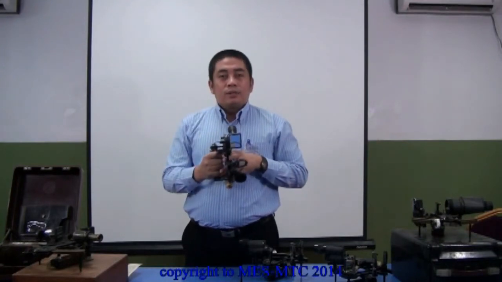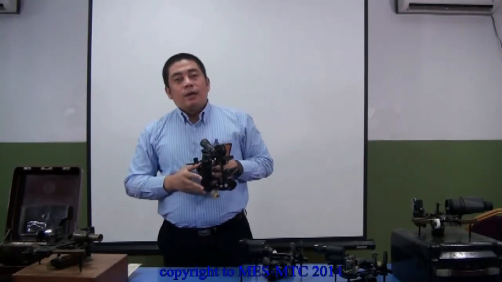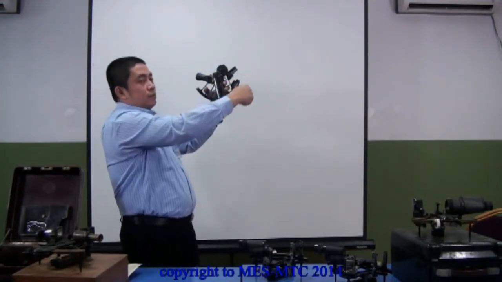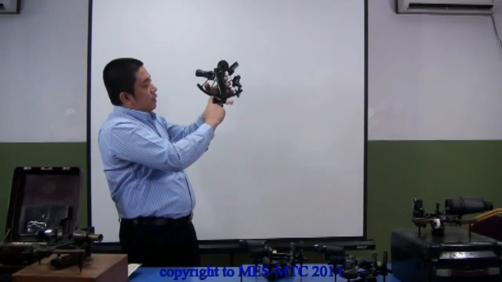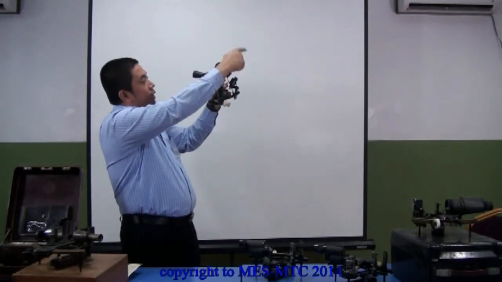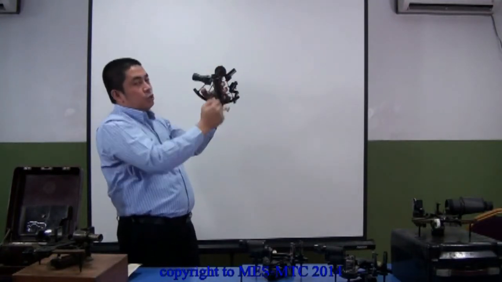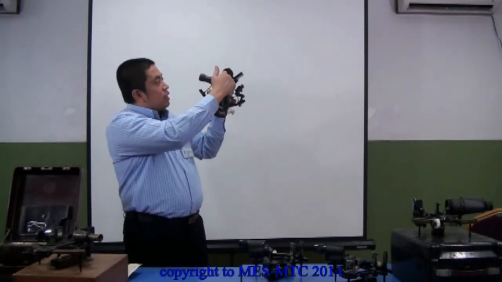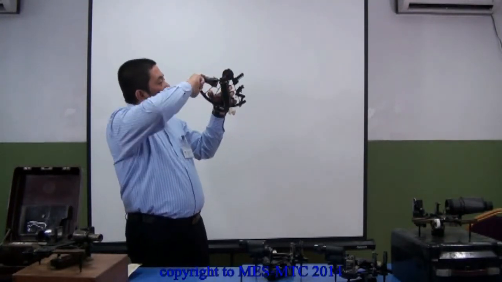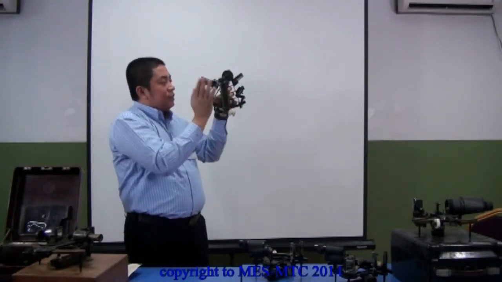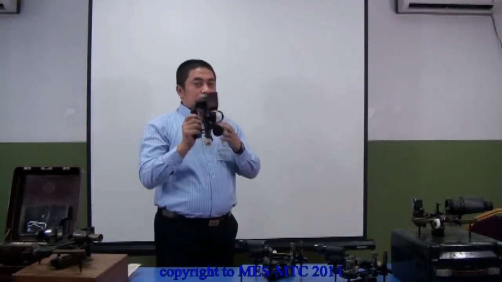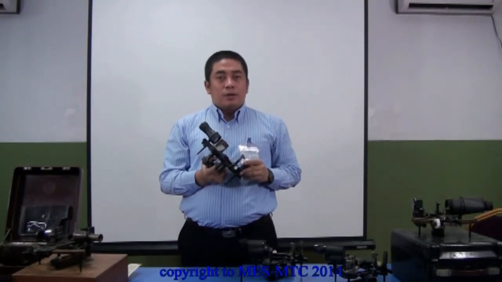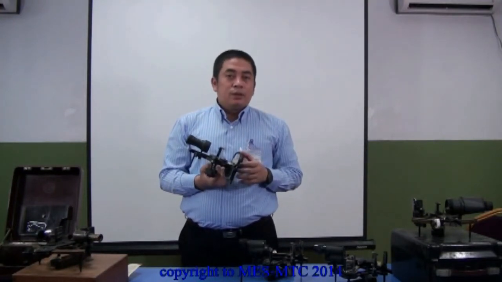And the other one, centering error. If you consider the arc of the sextant as a circle, this pivot should be the center of curvature. If this pivot point is not the center of curvature of this sextant, your sextant has centering error. And the last one, collimation error.